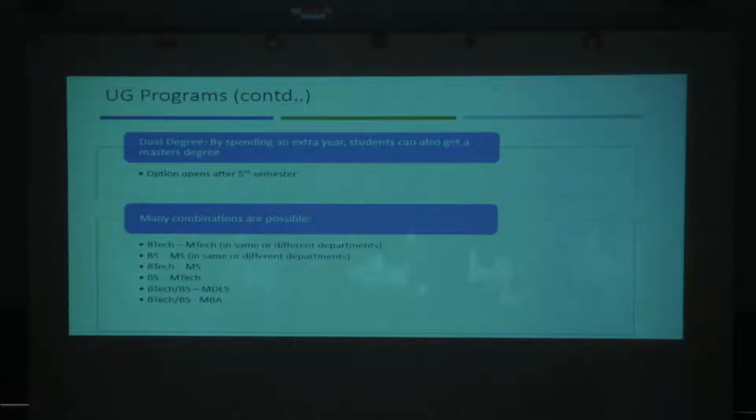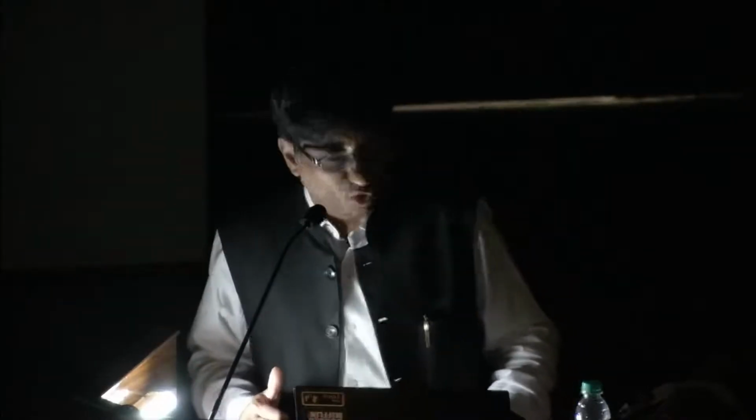So in fact, all these combinations are possible. Like BTech, MTech. So BTech in electrical engineering, MTech in computer science, BS MS, BTech MS. So for example, BTech in electrical engineering, MS in economic sciences, BS MTech. So for example, BS in economic sciences, but MTech in some other discipline.